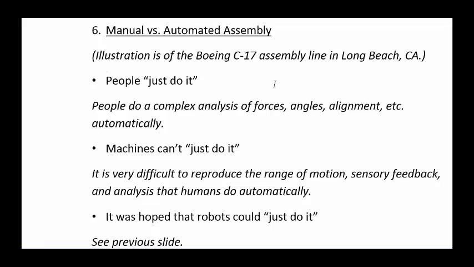For instance, this manual versus automated assembly is the Boeing C-17 assembly line in Long Beach, California. Now this was put together 4 years ago, this presentation, or these instructor notes. The Boeing C-17 assembly line no longer exists in Long Beach, California, or is in the process of being disassembled, was last year, because that contract has ended.